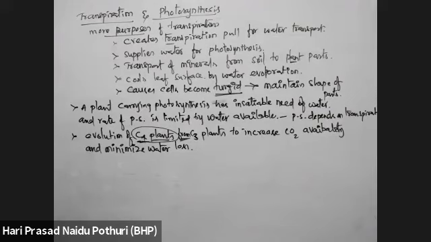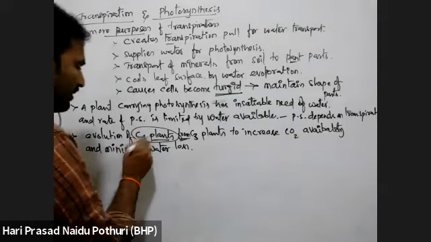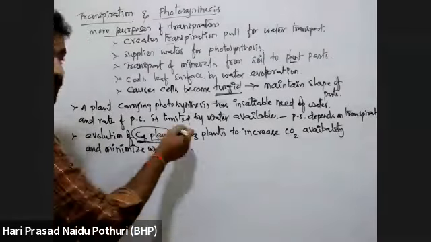In C3 plants, there is formation of glyceraldehyde and 1,3-bisphosphoglyceric acid with Rubisco. In C4 plants, phosphoenolpyruvate is converted to acids, amino acids. Yeah, C4 plants have more CO2 efficiency.